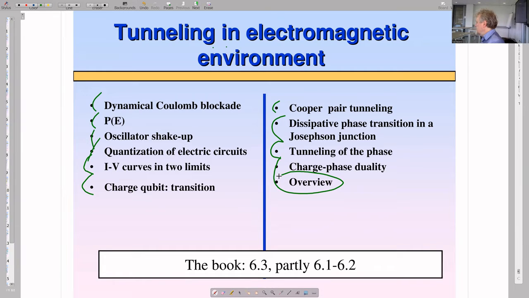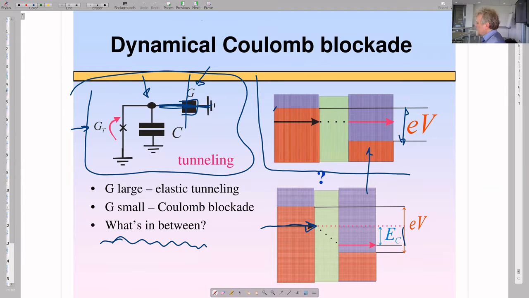In this case, we also have an environment which affects a quantum system, quantum electrons, or qubits. So it will be a related adjacent topic.